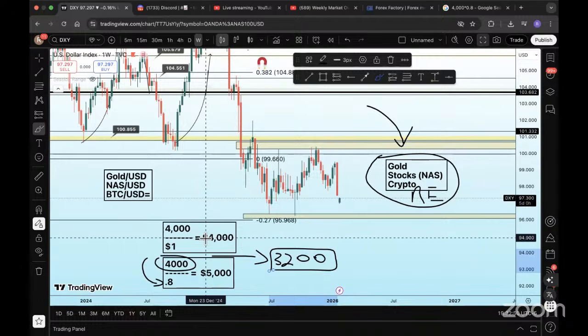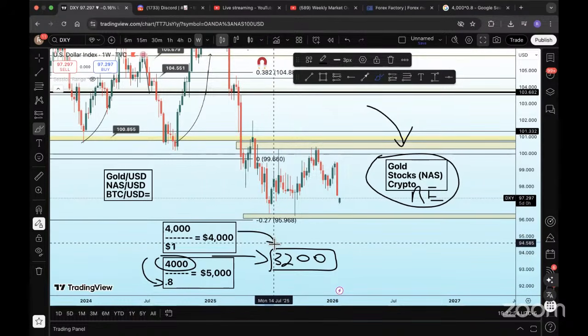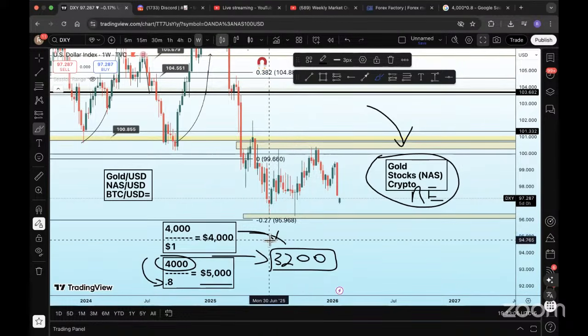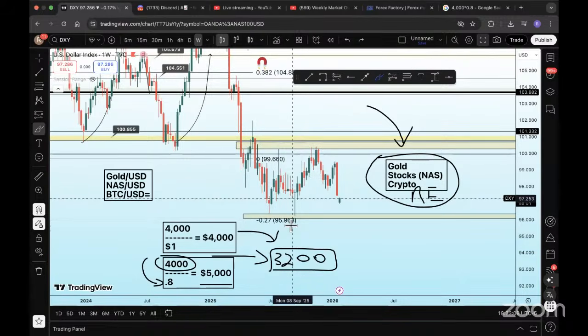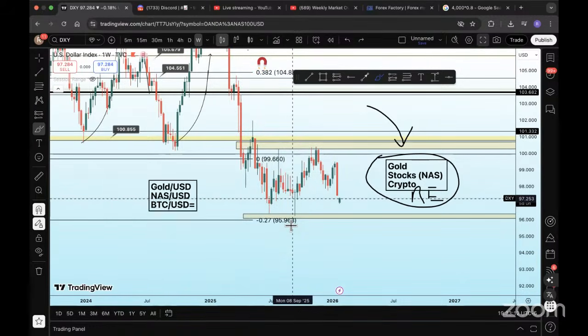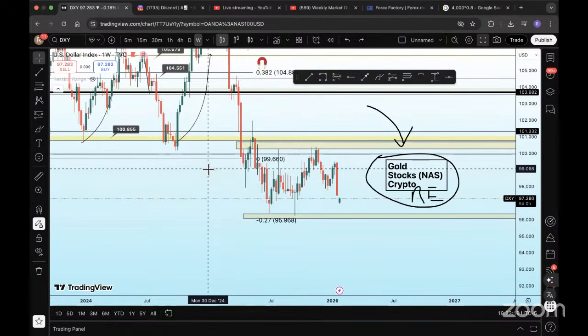Even though I have $4,000 in bills, you have the purchasing power of 3,200. It can only buy you $3,200 worth of stuff now, not $4,000 worth of stuff. So holding assets ensures that your value goes up and your net worth goes up. Holding cash ensures that your net worth goes down over time as the value of the currency continues to get crushed.